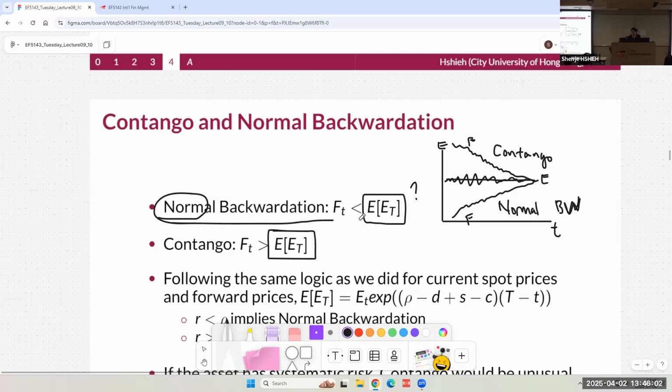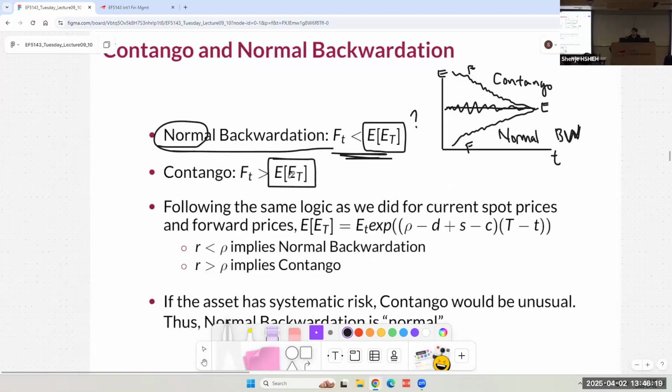And so F is something that's deterministic, right? It's a known quantity, it's a constant, doesn't change over time. Or the one that you pay for today. So F is less than something that has risk, obviously, right? So this is considered normal, whereas contango would be considered abnormal, right?